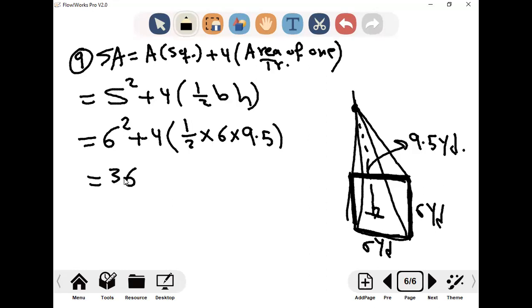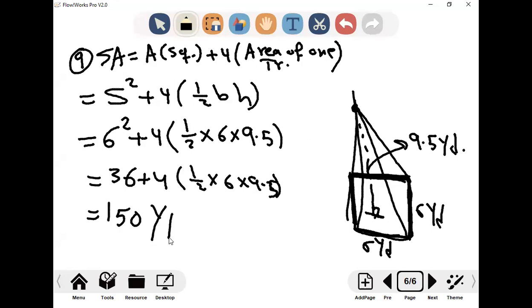This is 36 plus 4 multiply half times 6 times 9.5. This is equal, now 36 plus 2 multiply 6 multiply 9.5. 150 yard to the power of 2. I'm talking about surface area here. Do you understand this question?